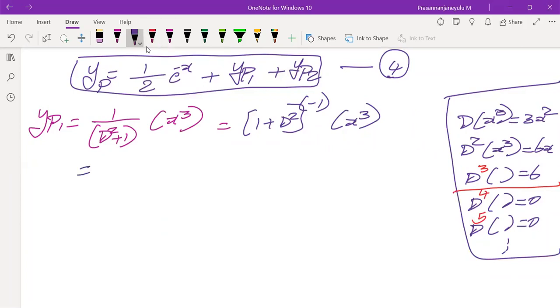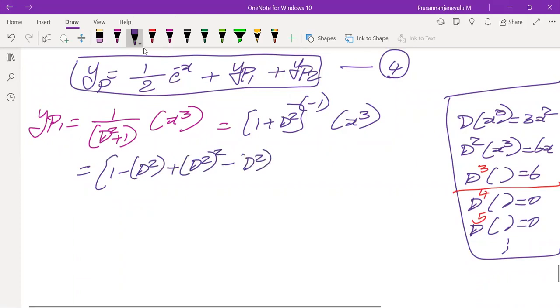What is the formula of 1 plus x whole power minus 1? 1 minus x plus x square minus x cube, with x as D square, up to power 3 you take, plus and so on.